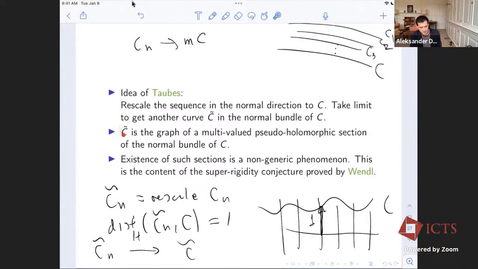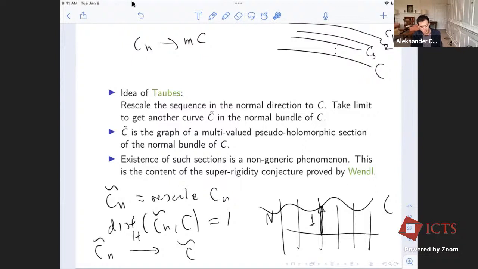In the end, you get this limit C tilde, and because the original curves were pseudo-holomorphic, in the limit you get something like a graph of a multi-valued pseudo-holomorphic section of the normal bundle. Everything was happening in the normal bundle of C, and you can show that this limit satisfies a certain PDE.